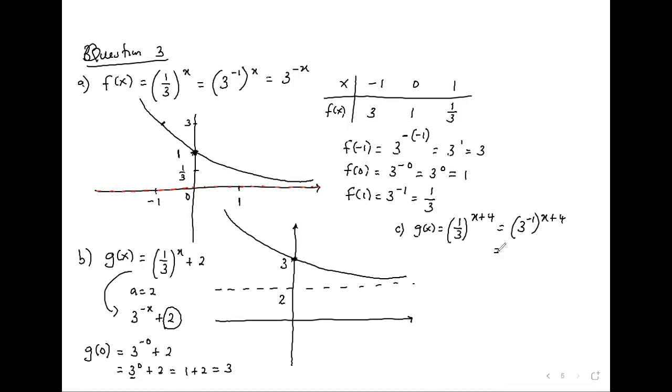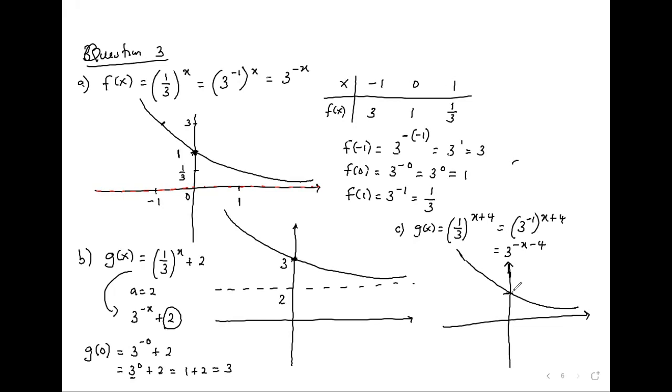If we expand, it becomes 3 power negative x minus 4. And since a is 0 here, we have the same shape. What has changed? The intercept.